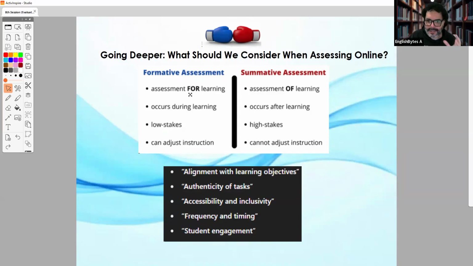You are just trying to see whether they were able to catch what you were trying to explain during the class, whether they are ready or not for an upcoming evaluation. That's the purpose of the formative assessment. It occurs during learning, and it's the typical exercises you have them do in their notebooks, for example.